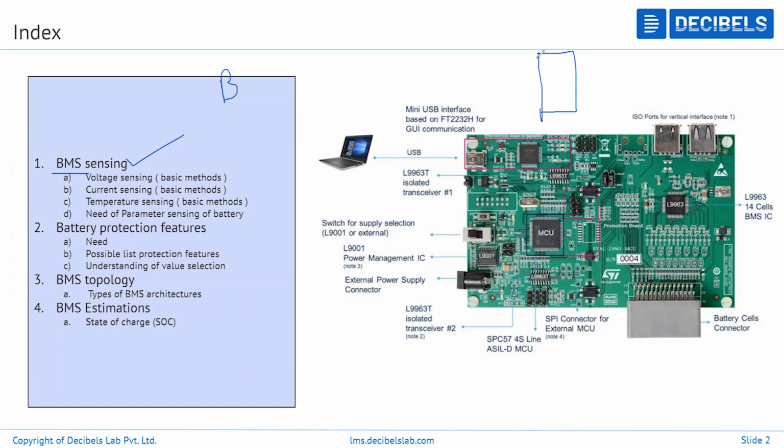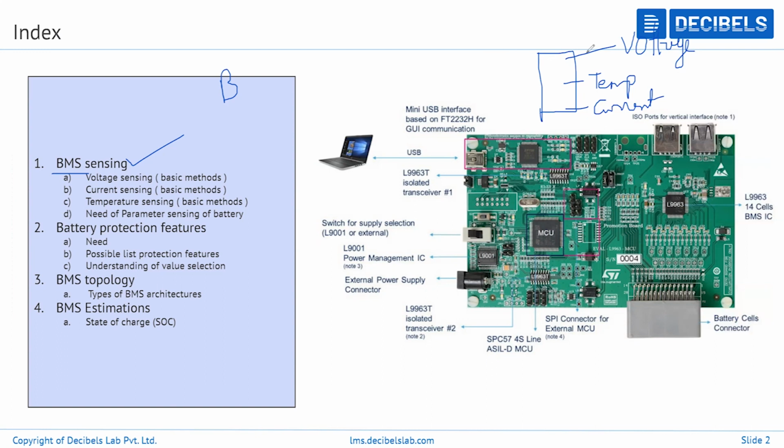So what all the parameters we need to monitor? One is with respect to the voltage of the battery, one with respect to the temperature, and the current. These three parameters have to be operated within a threshold.